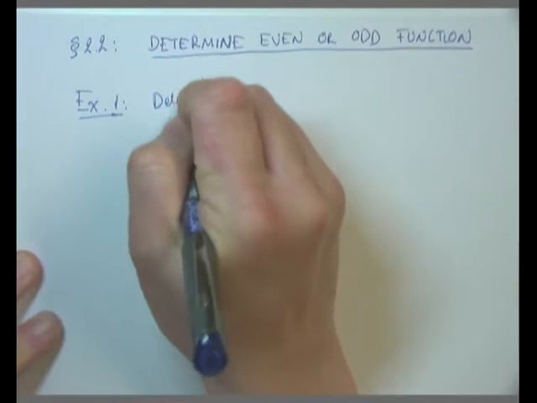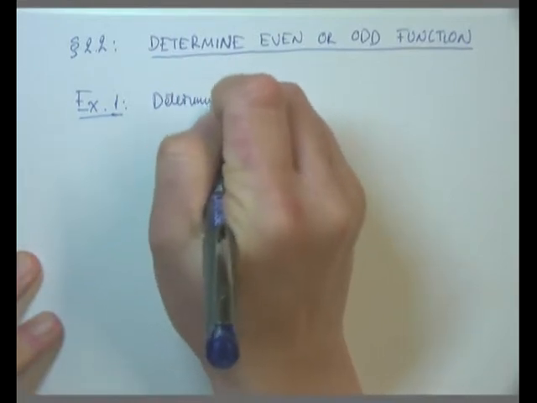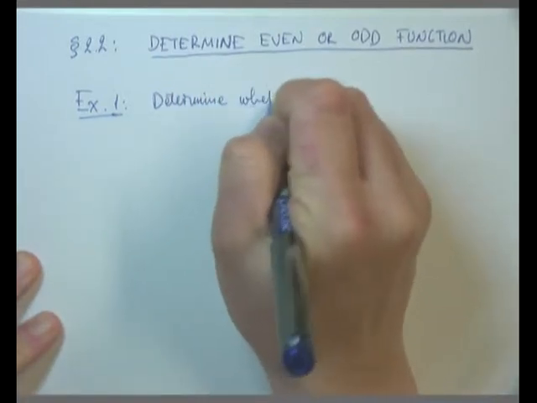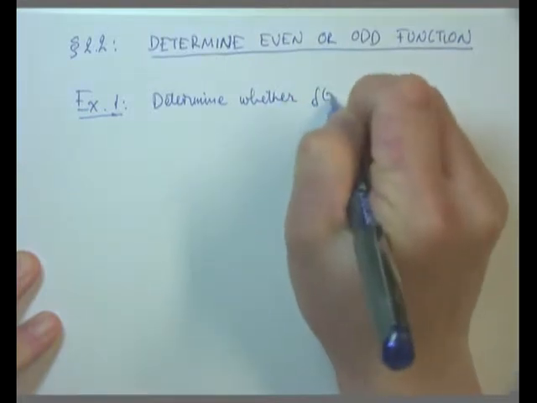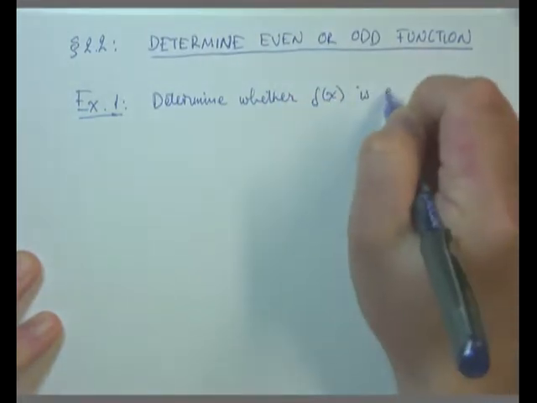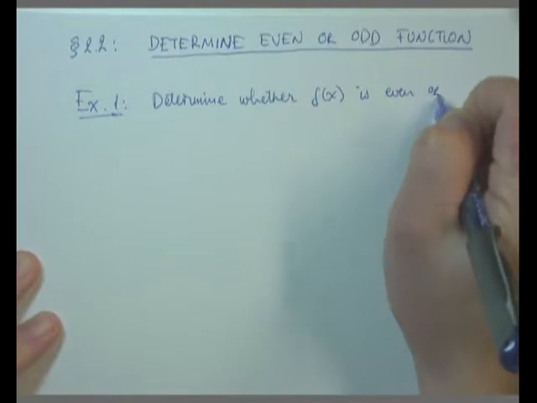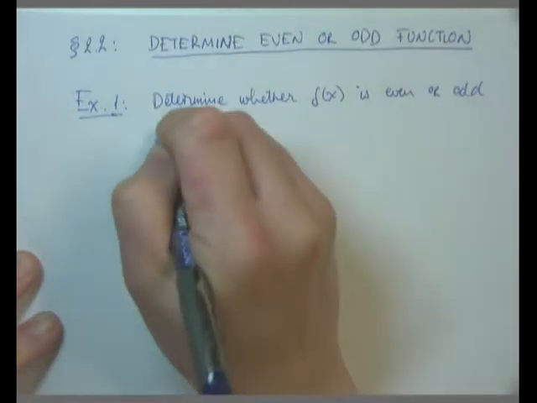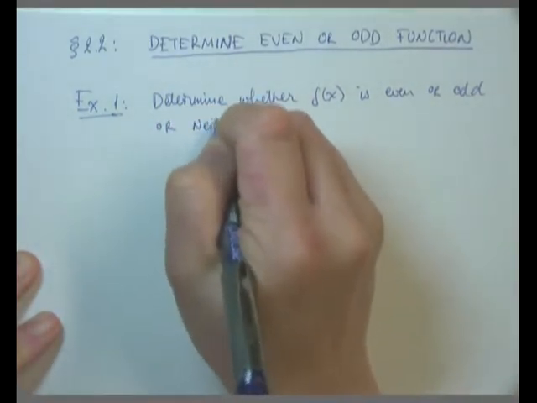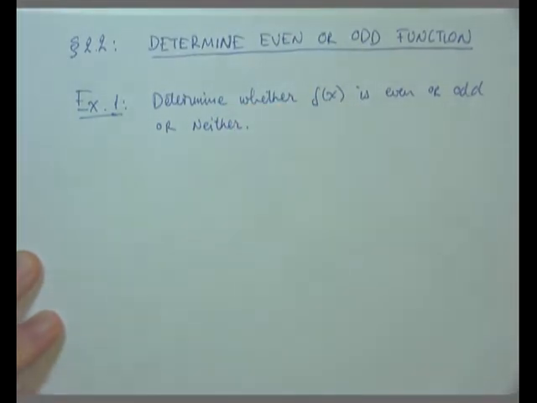So in example 1, we want to determine whether f of x is even or odd or neither. Some functions can be neither odd nor even.